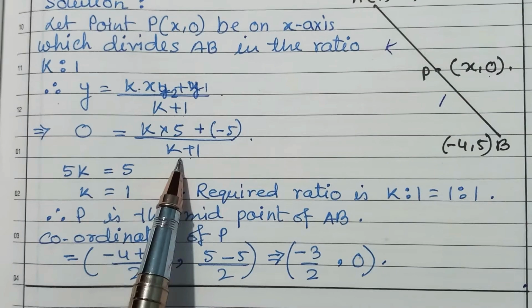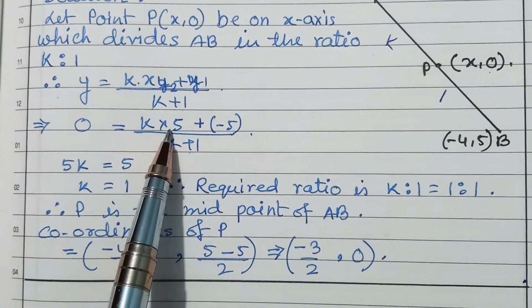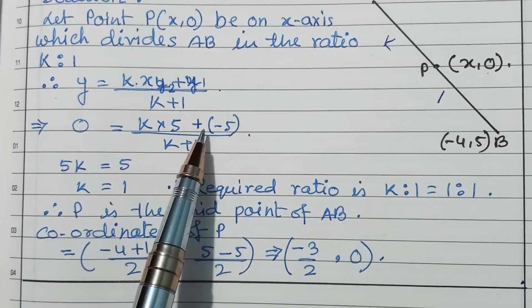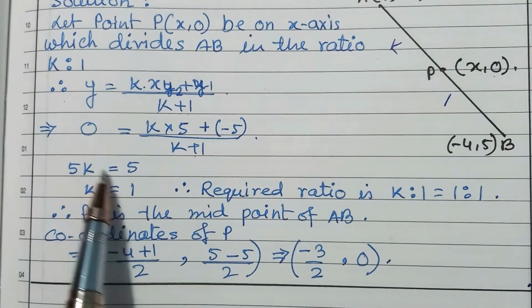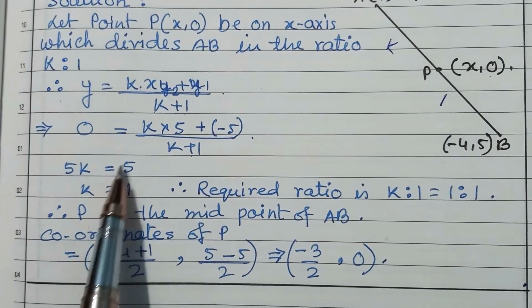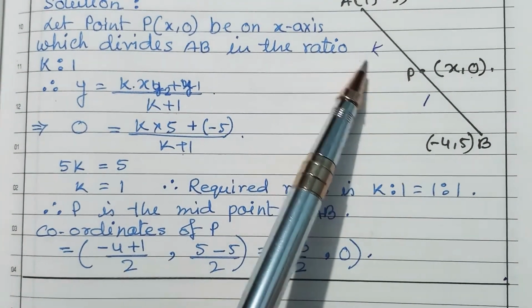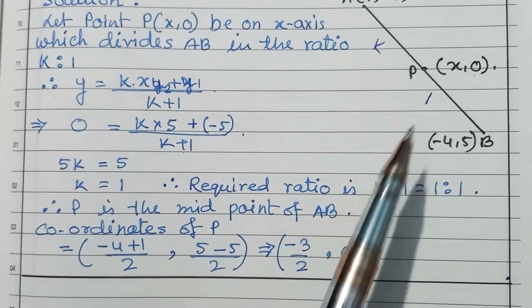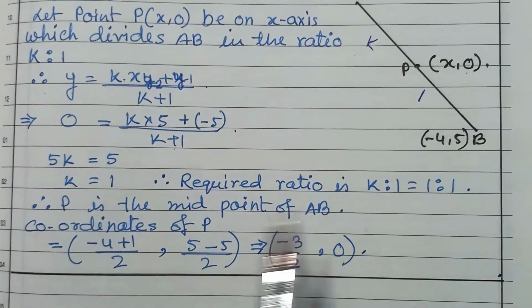If you cross multiply, (k plus 1) into 0 is 0. So 5k is equal to 5, with -5 coming to this side. So k is equal to 1. That means it is divided in the ratio 1 ratio 1. So the required ratio is k ratio 1, meaning 1 ratio 1.